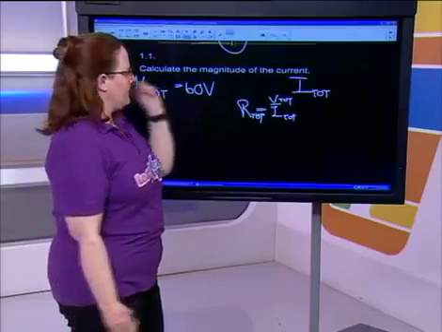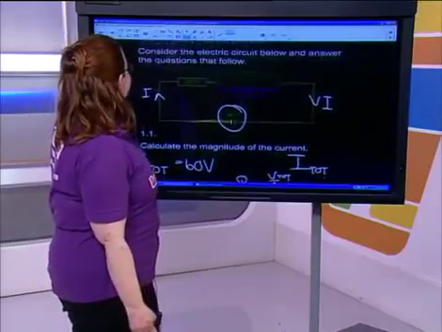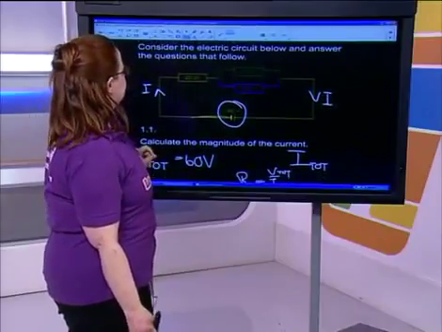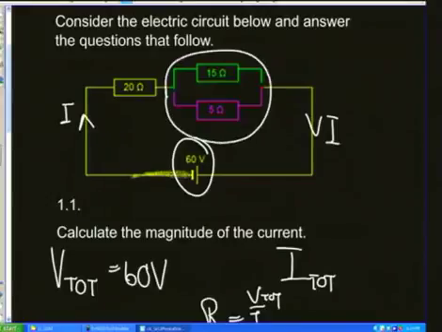I'm going to need total resistance. So now we go, okay, I can't just add them all together. Why? Because I have a parallel section. So what I actually need to do is work out what my R parallel is.